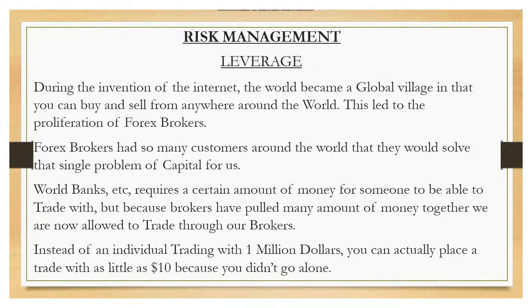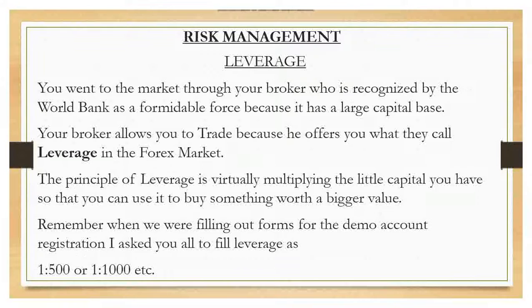World banks, etc., require a certain amount of money for someone to be able to trade with. But because brokers have pooled many amounts of money together, we are now allowed to trade through our brokers. Instead of an individual trading with $1 million, you can actually place a trade with as little as $10 because you didn't go alone.